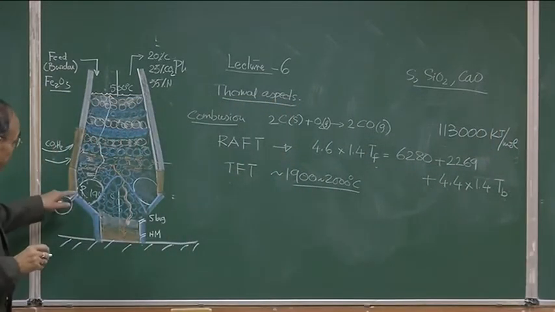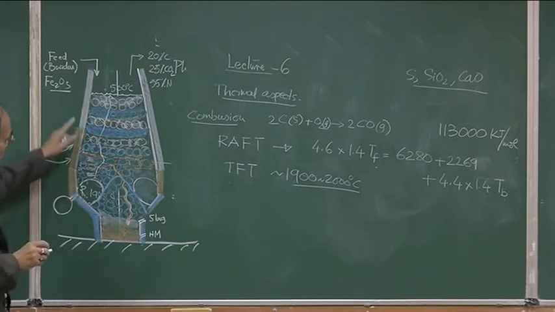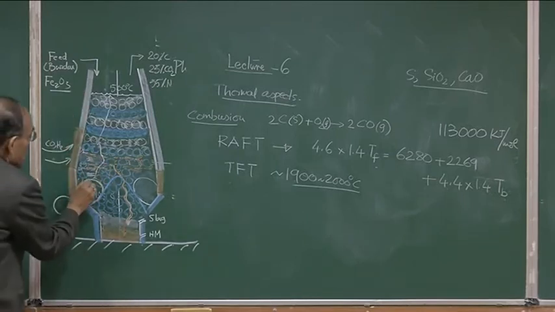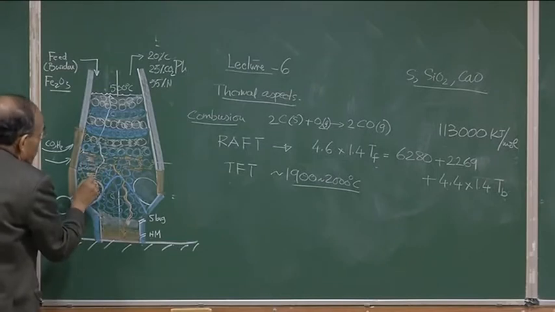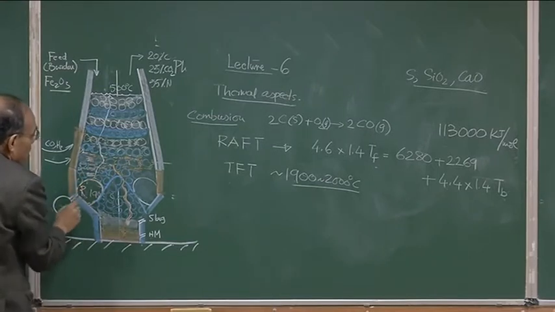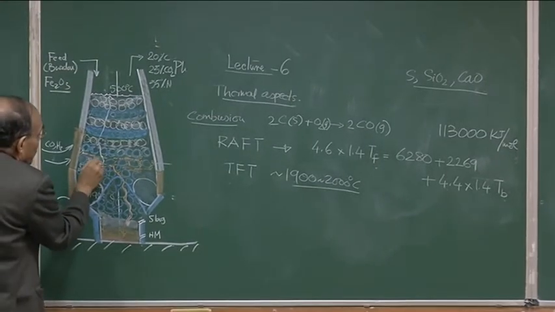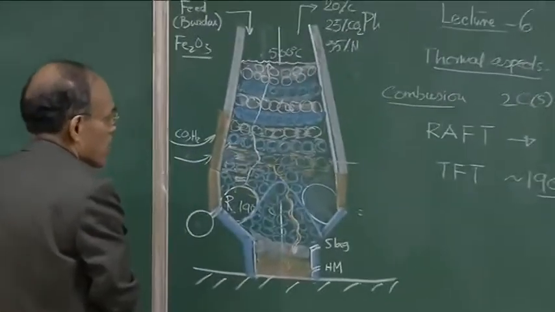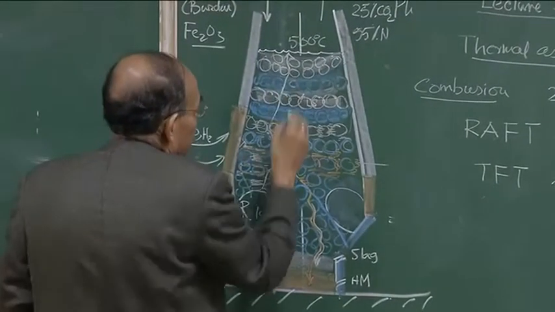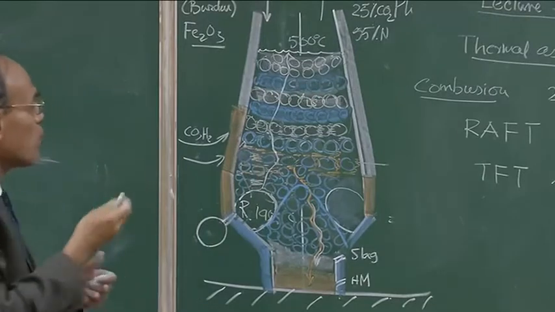Now, the gas rises up, and during the rise, this hot gas is progressively giving heat to the surroundings, which are coke particles and ore particles, and it cools down in the process of rising.